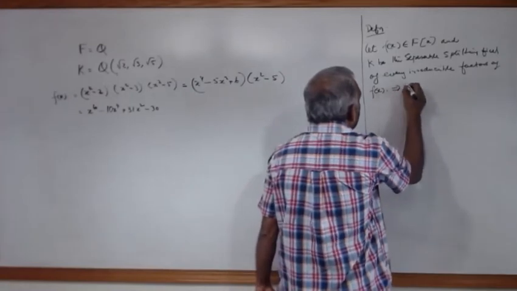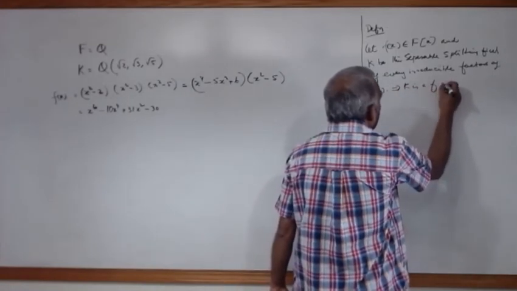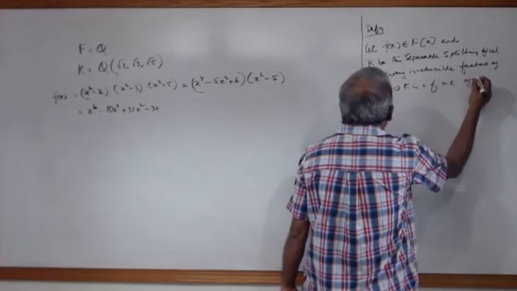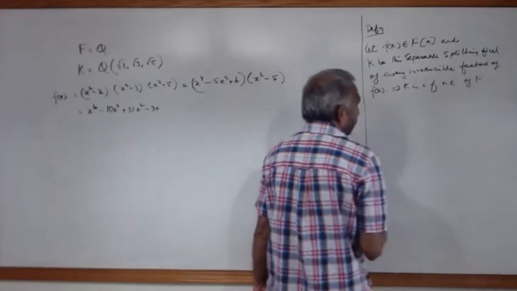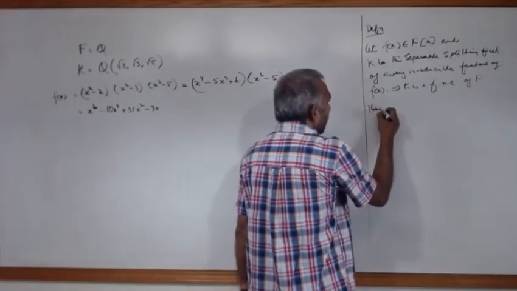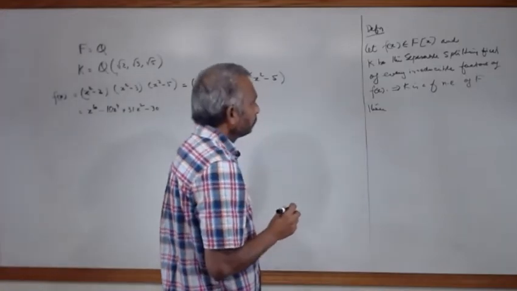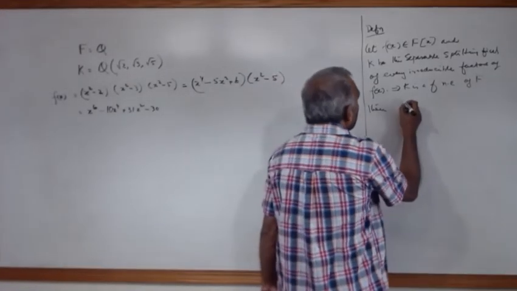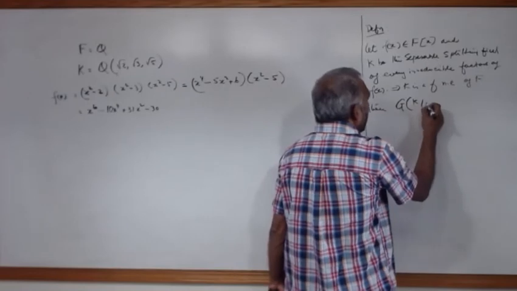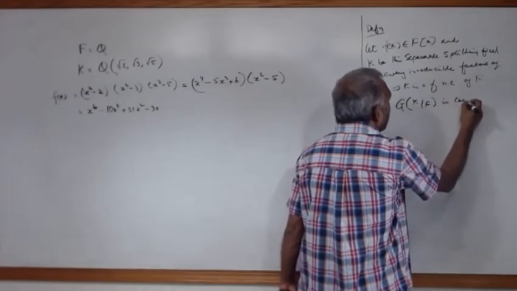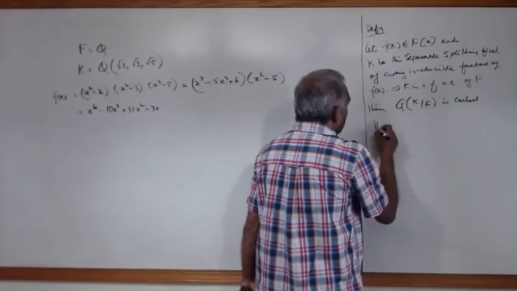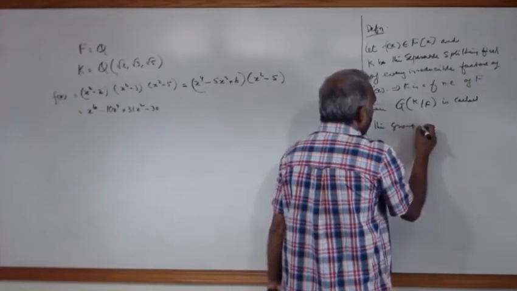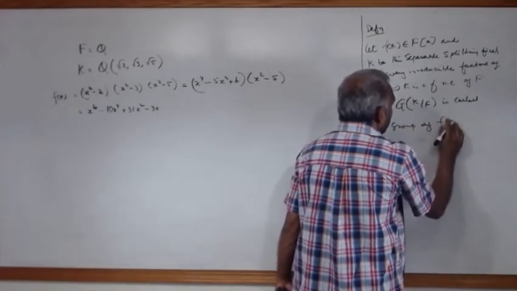That implies K is a finite normal extension of F. Then the Galois group of K over F is called the group of f of x.